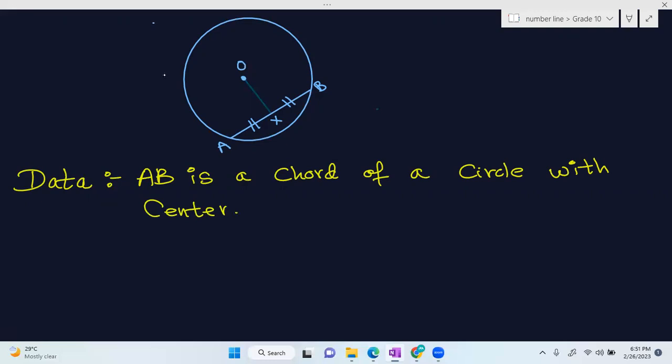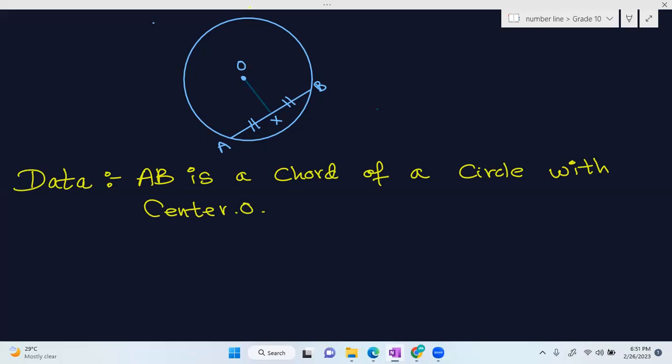Then there's another data. What is it? We know that X is the midpoint.